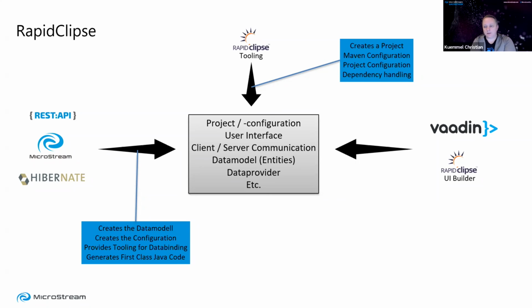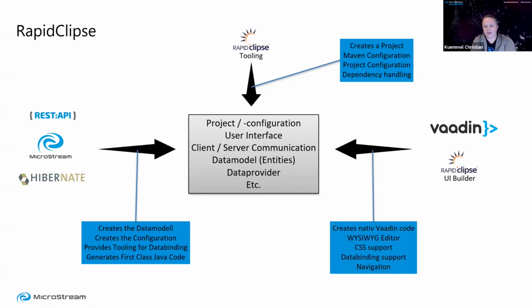creating UIs without any UI builder is quite hard work. So it's better to have a kind of what-you-see-is-what-you-get editor to help you create proper UIs. And in the end, you will get native Vaadin code. That's also important because we don't need any third-party dependencies in that code.